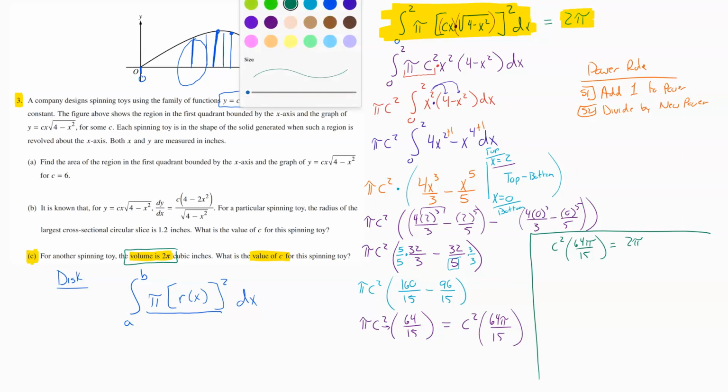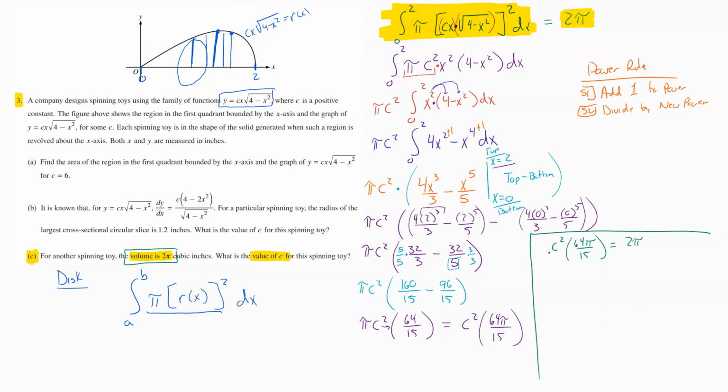So solving now for c squared, we would multiply both sides by that reciprocal. It's the easiest way to move this over to the other side. A lot of people think about it as division, but if you do that, it becomes fractions over fractions. Multiplying by the reciprocal can get you to the same place because 64 pi cancels 64 pi, 15 cancels 15. We get c squared.